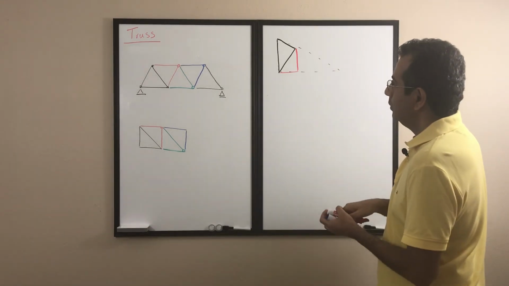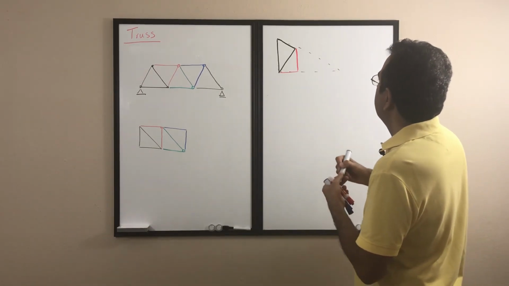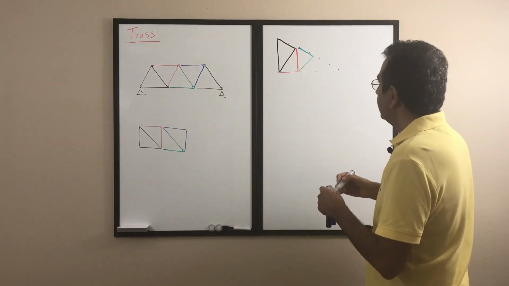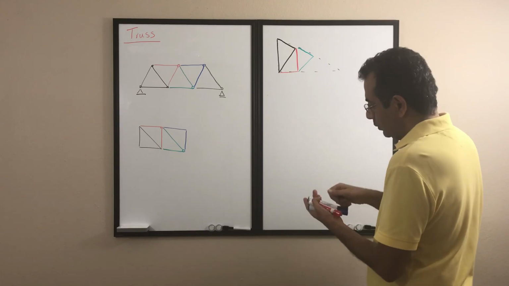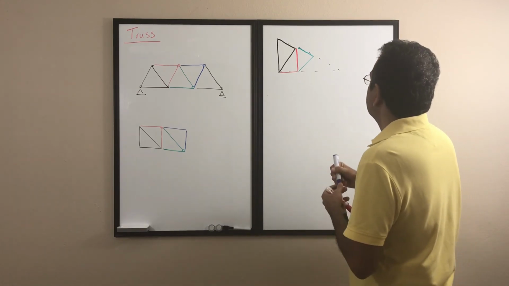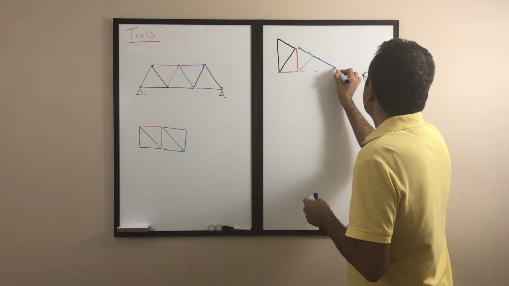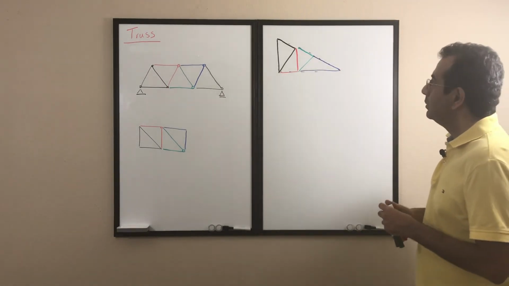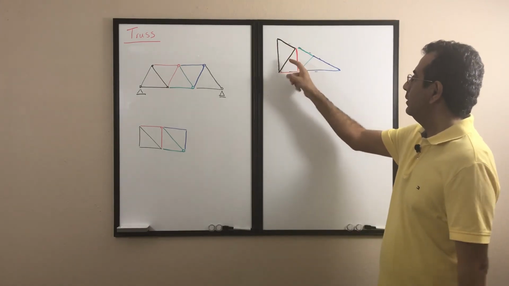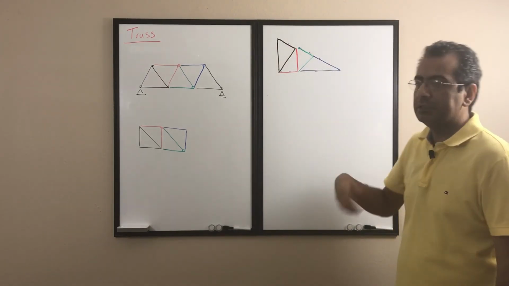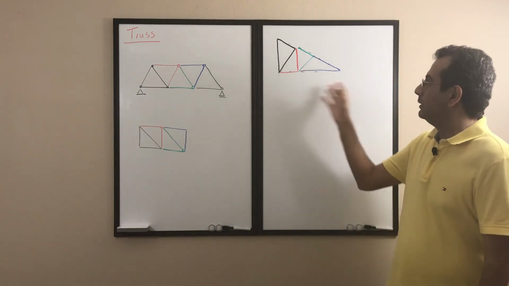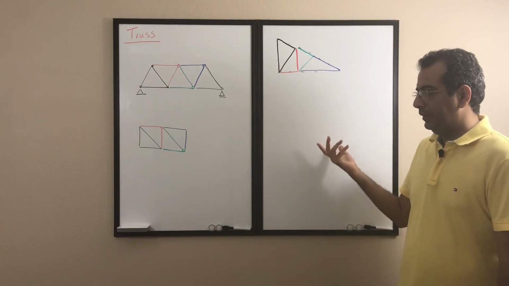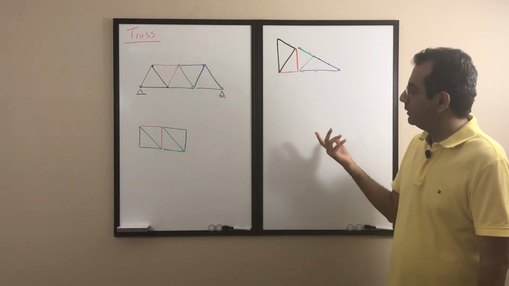Then again, I will go ahead and add two more elements to that, and then two more elements. So this is also a simple truss. We start with the single triangle, add two elements, two elements, two elements. At each step we only add two elements, so what we get is still a simple truss. That's how we build a simple truss.